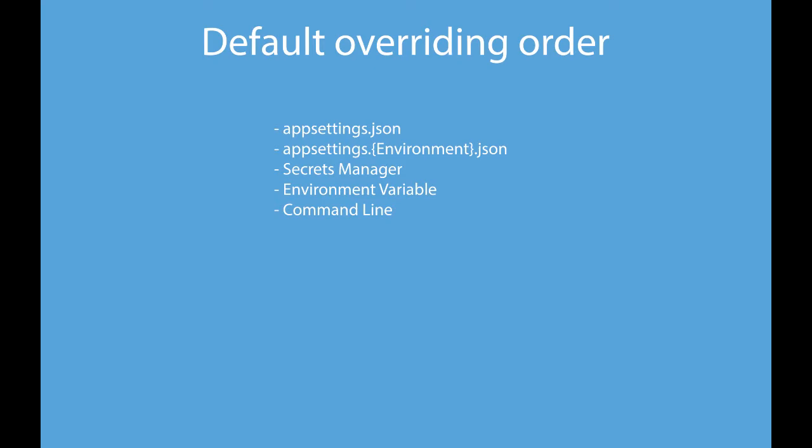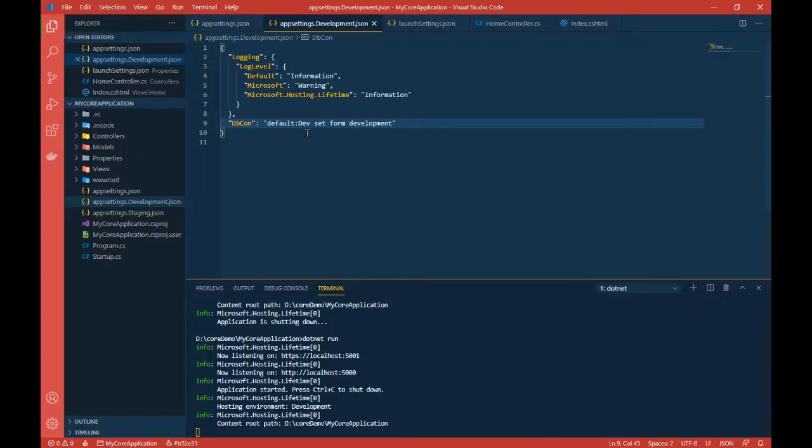So basically what it is saying is, if the same key is present in appsettings.json and in appsettings.environment, meaning development.json or appsettings.staging.json, the value of appsettings.environment.json will override the value of appsettings.json, as you see in this case.